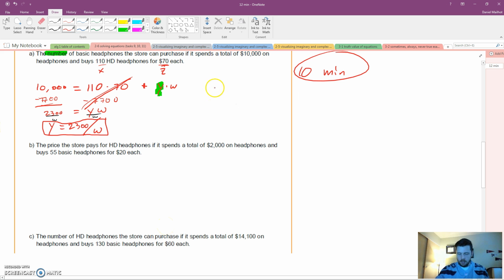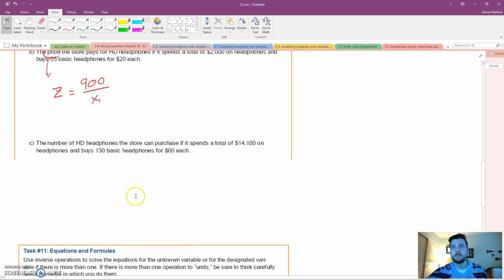For B, you wanted to find the price of HD headphones. Well, the price was Z. And if you manipulated stuff, plugged in the stuff right, solved for Z, you should get Z equals 900 over X. And for C, you wanted to find the number of HD headphones.